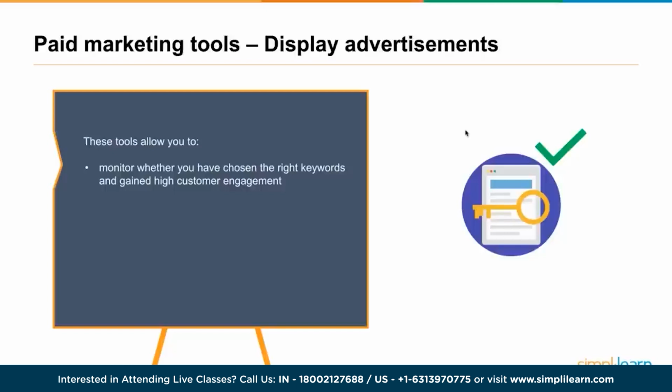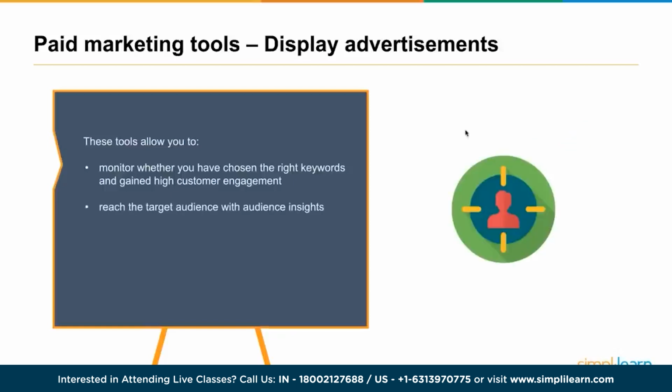So if we look at display, why do we want to leverage some of these tools? Just like search, where we want to look at keyword and ad performance, it's the same kind of concept here. We want to be able to monitor whether we have the right keywords and right customer engagement. When it comes to display, we want to make sure we're choosing the right audience.